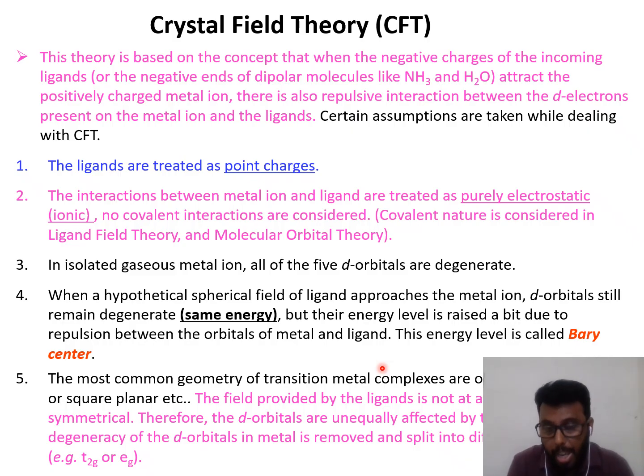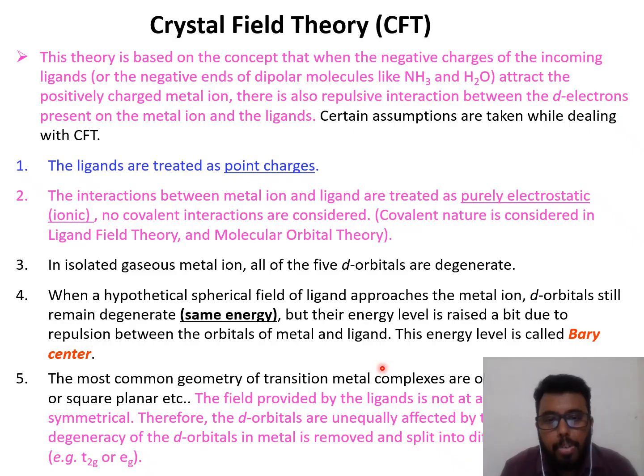When the metal ion d orbitals are present alone, all the orbitals are of the same energy. But when the ligand approaches the metal ion, due to this electrostatic repulsion, the metal ion orbitals will be either pushed up in energy or down in energy. That leads to splitting of the orbitals. That is called crystal field splitting.